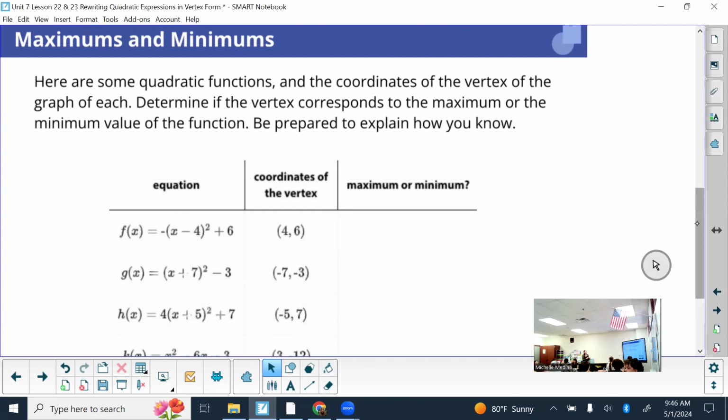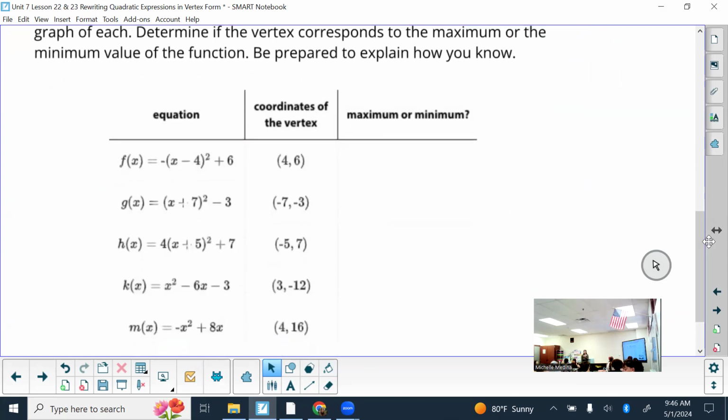You need to tell me if it's a maximum or minimum. And then bonus, if you remember what maximum or minimum specifically is, then you can write it here. But in about 3 minutes, I'm going to start asking you, is this a maximum or minimum, and how do you know? No graphing. Okay, 3 minutes starting now.